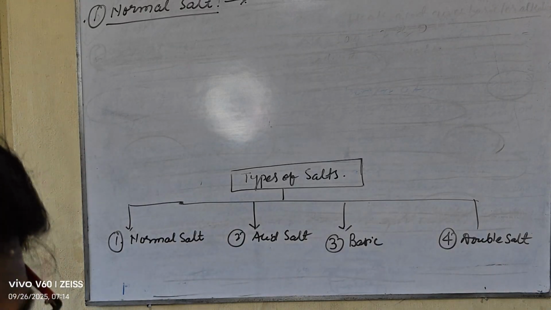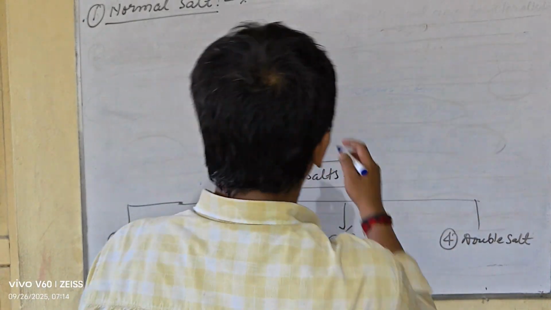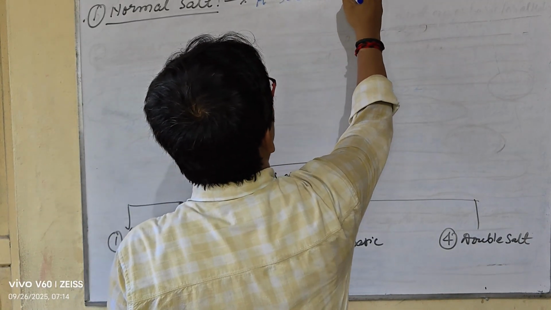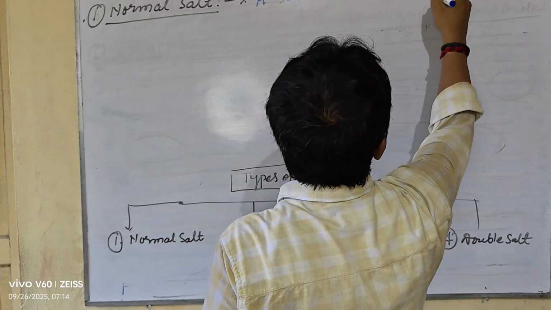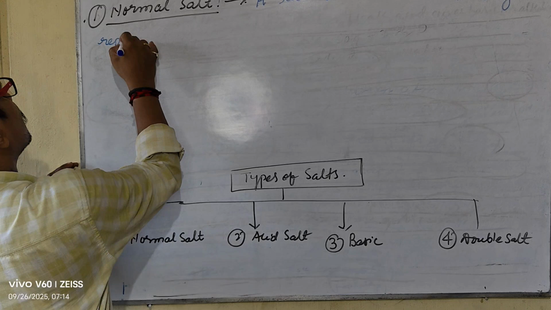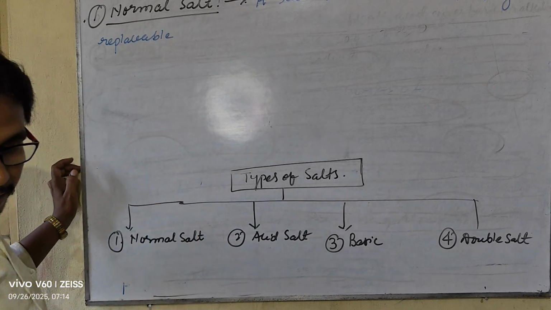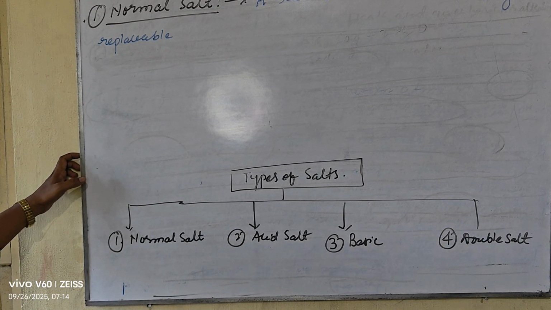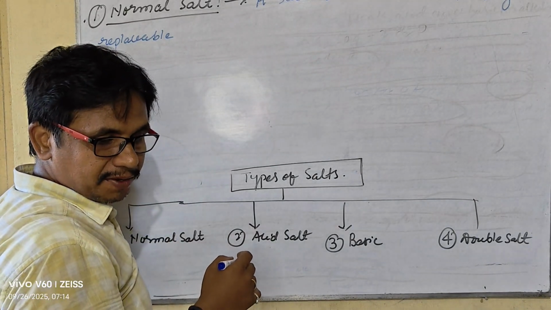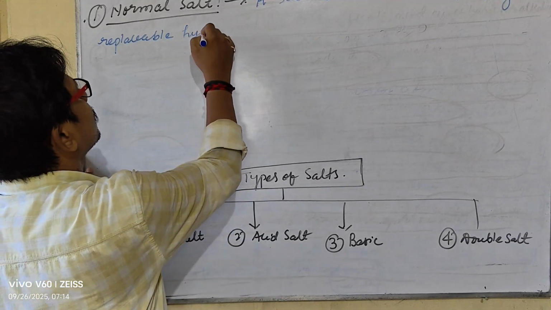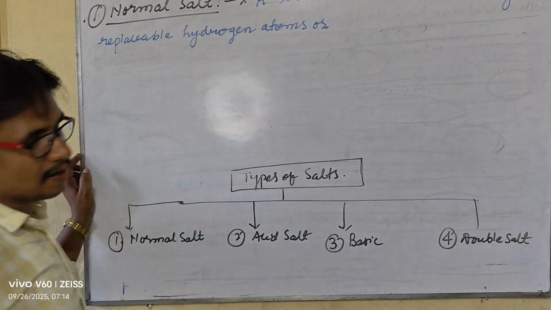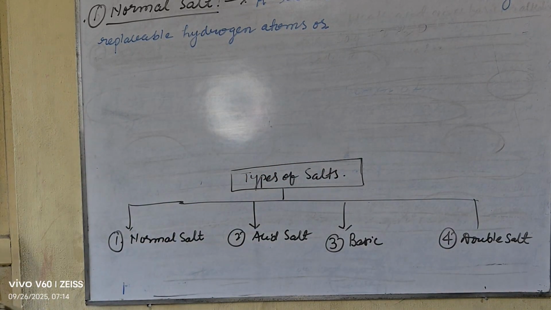A salt that does not contain any replaceable hydrogen atoms or hydroxyl group is called a normal salt.